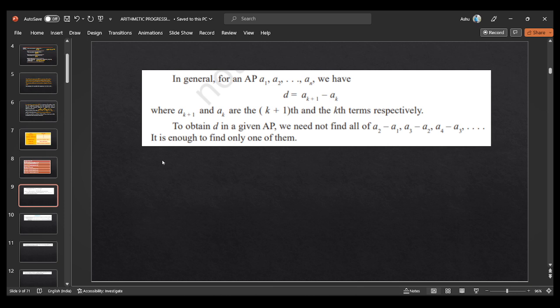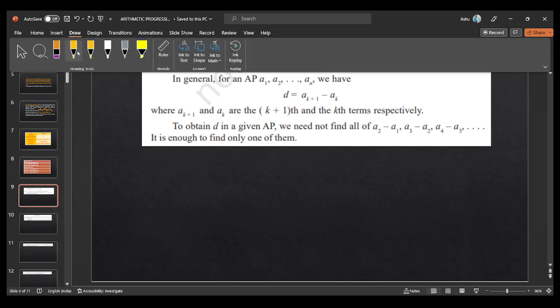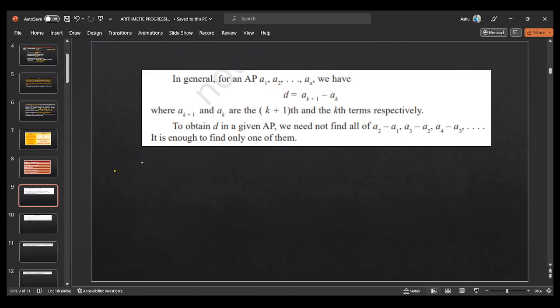If the series is A1, A2, A3 up to A(K+1), AK up to AN, then the common difference will be A(K+1) minus AK.